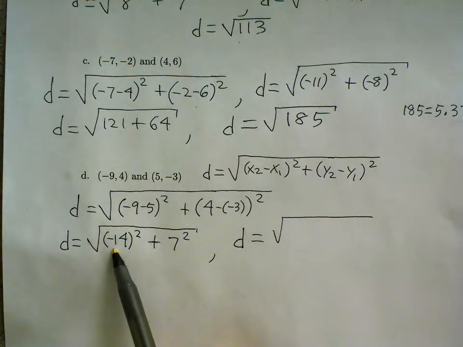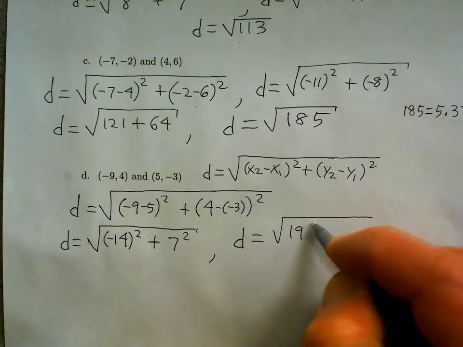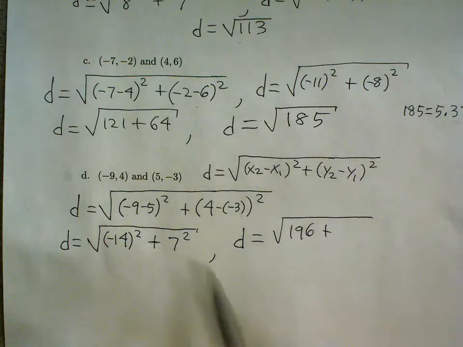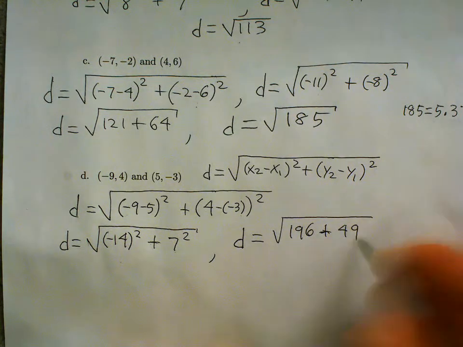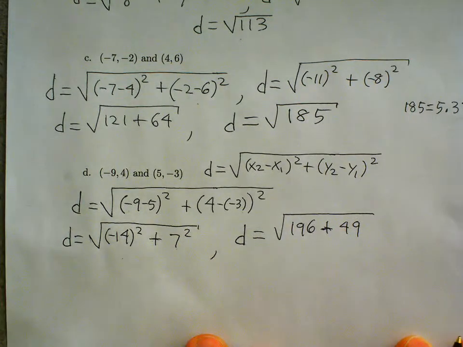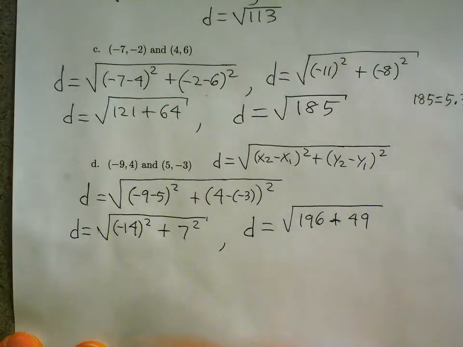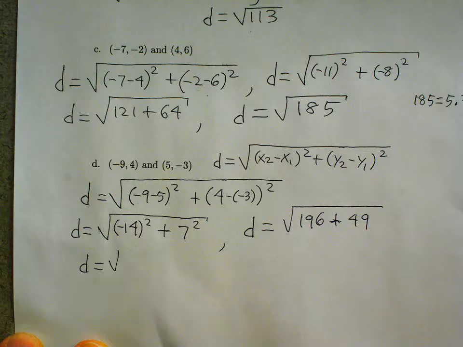And the number negative 14 squared, that's positive 196. And 7 squared is 49. And then we get the square root of 245.